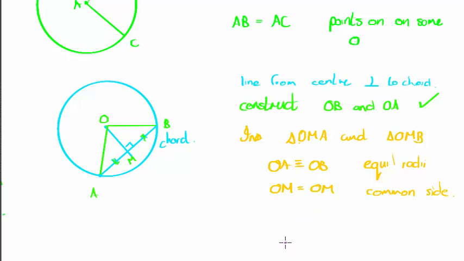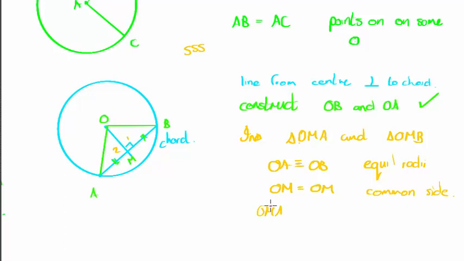So again, in congruency, I want to prove that three sides are equal, but I can't, because that's what I want to actually conclude. M1 and M2. Good, so let's number them. Okay, it's probably best if you say OMA and OMB.